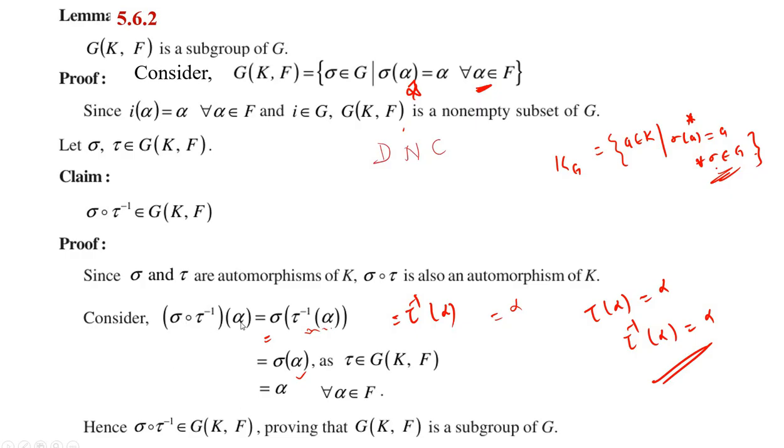So sigma composition tau inverse of alpha equals alpha, which means it satisfies the condition, and therefore it belongs to GKF. So GKF is a subgroup of G. Criterion checked: non-empty is shown, and the condition is checked. Therefore, GKF is a subgroup.